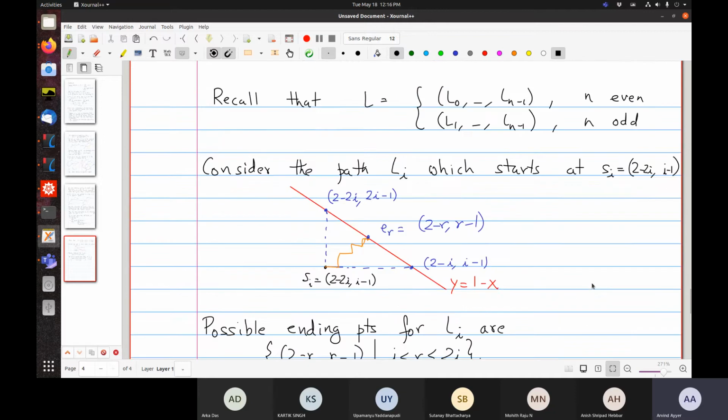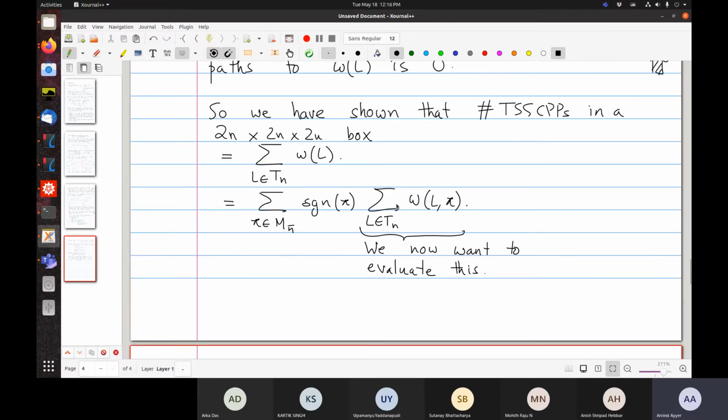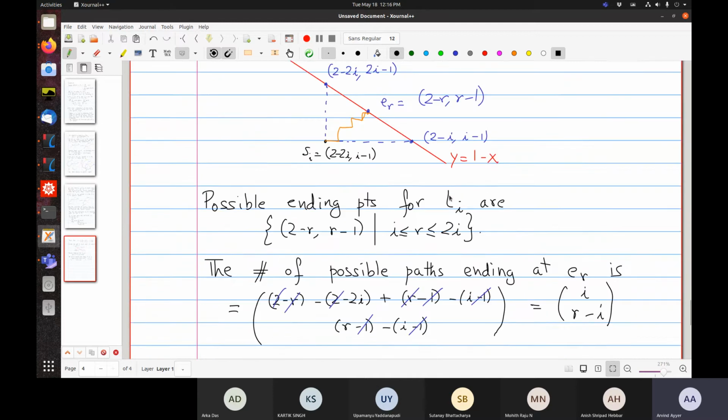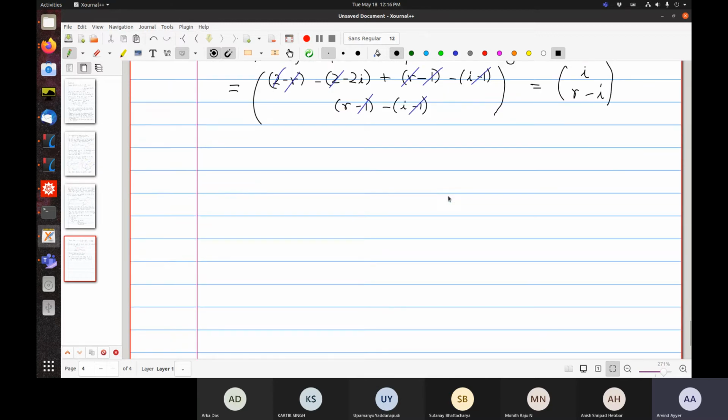Okay, but remember, we want to evaluate this. So this involves pi. So we want to account for the weight of such a thing where we consider pairs of lattice paths. So now we also take pi into consideration, right?